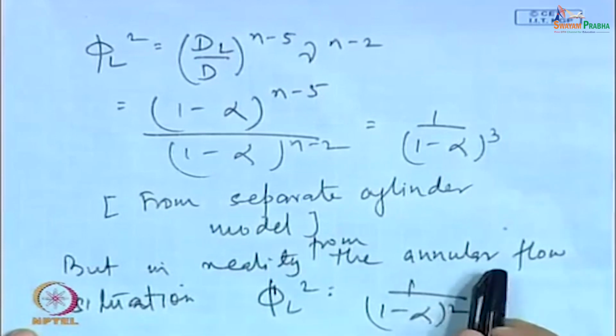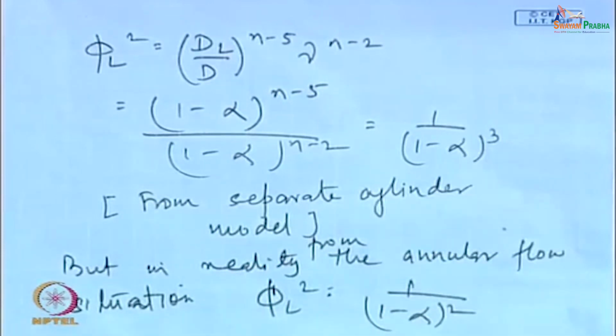So, primarily the main reason for this discrepancy is that we neglected the interaction between the two phases. What I want to emphasize is that this is not a foolproof correlation, but it has been tested extensively with a large number of data. This was proposed in 1944-45, that particular regime.